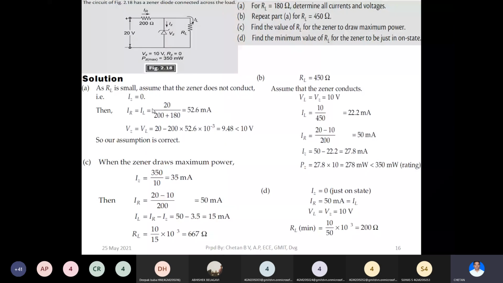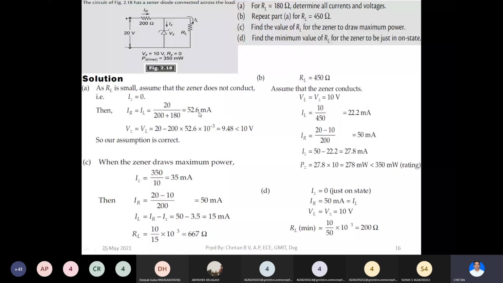V equals I into R. To find out I, I have to take R on the LHS side, so I will be equal to V by R. In this circuit, V is 20 volt in the numerator divided by R. R is the effective resistance of these two series resistances. Therefore, you have to add 200 with 180, and you will get IL value as 52.6 milliampere.